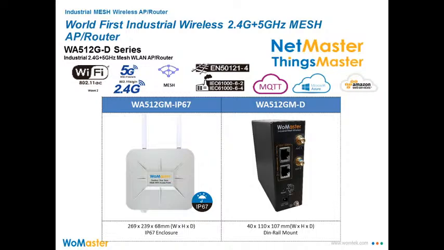One is for the indoor, another one for the outdoor, supporting the IP67 protection so that they can fit into the different environments. We are using the Qualcomm solution, dual band. It supports the 2.4G and 5G.